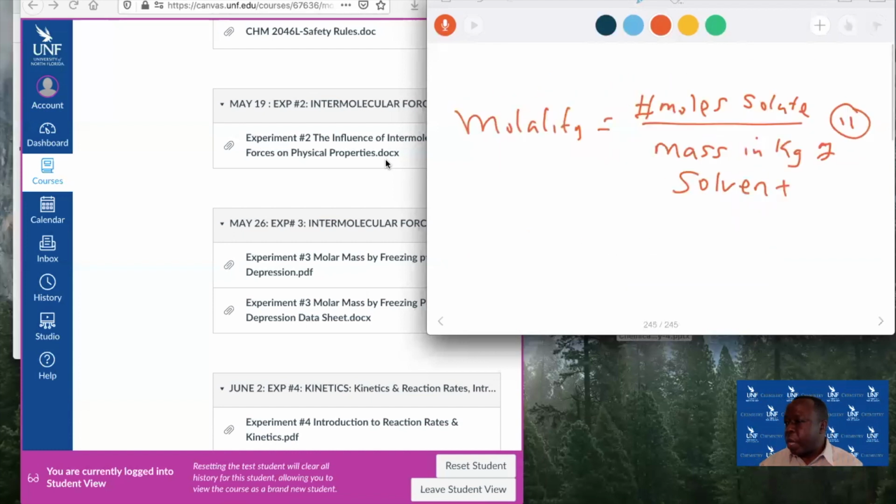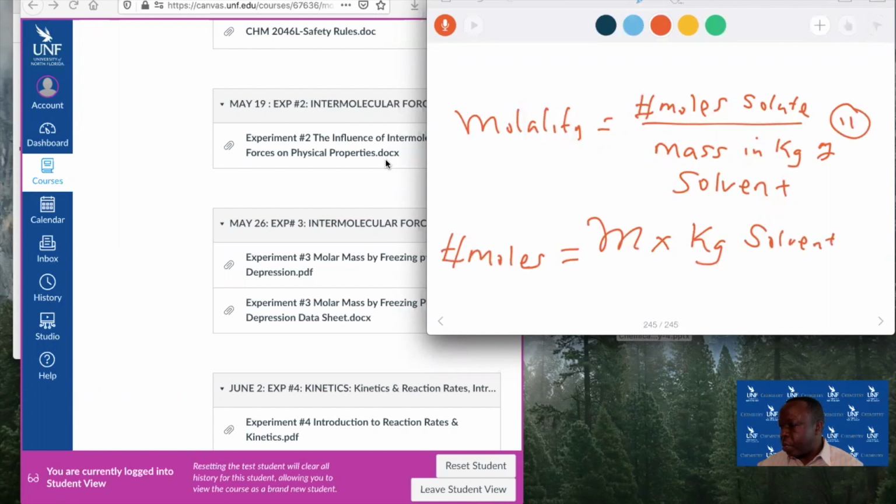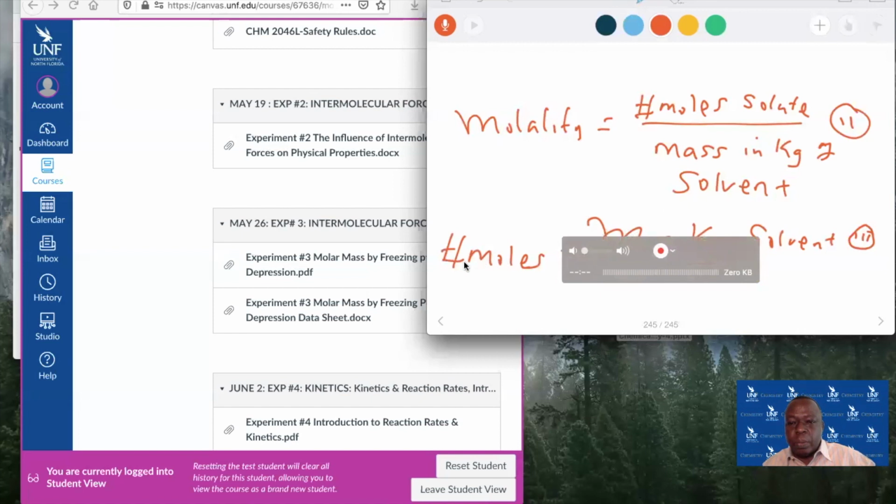Now, this equation here is what we need to rearrange to get the number of moles. Number of moles of solute is therefore given by the molality times kg of solvent. This is equation 3, which you will have to have. There is equation 1, equation 2, and then equation 3. So if I can determine from the experiment the number of moles of solute, I need the molality.